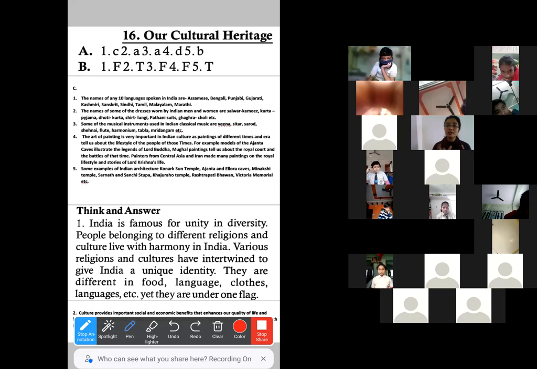That means you will have to write only the names. You don't need to write in detail. So from the detailed structure written in your book, you just take out the names of those architectural buildings. Okay, so just give the examples.